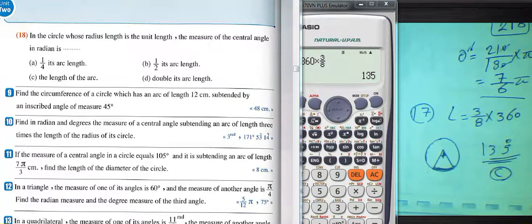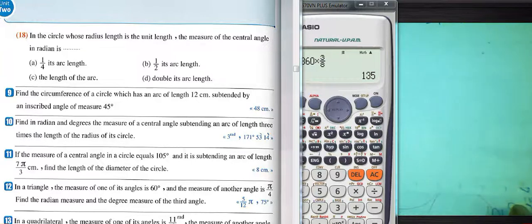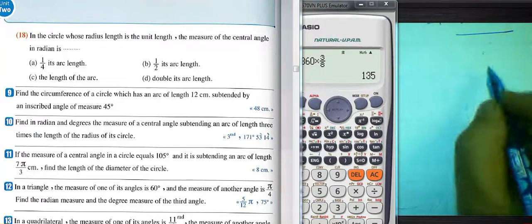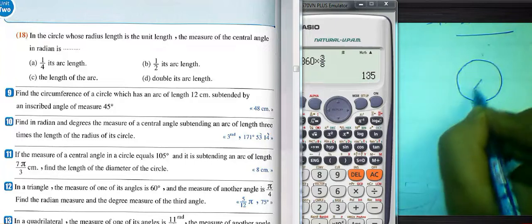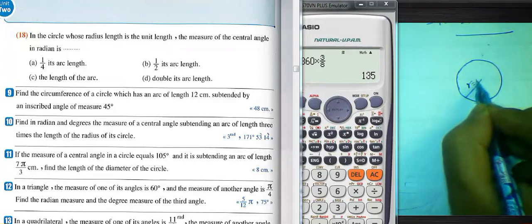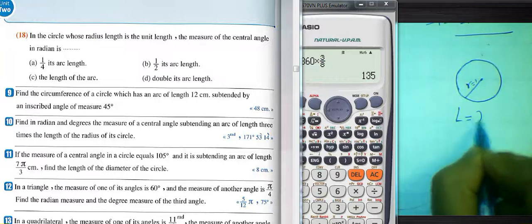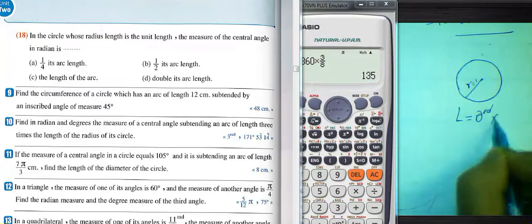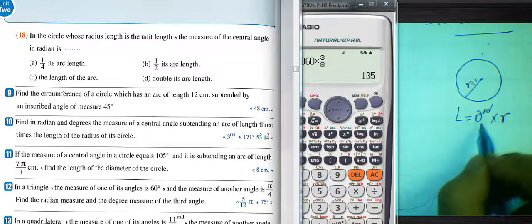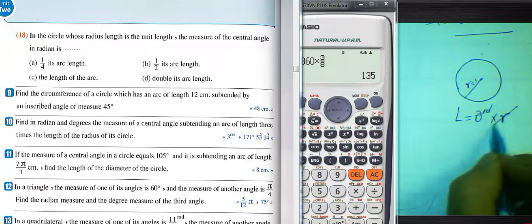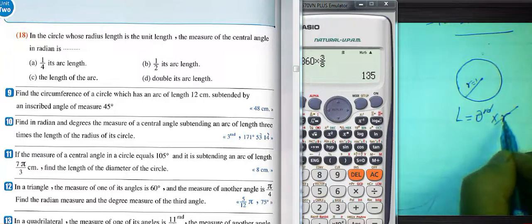Question number 18. For a circle whose radius length is the unit length, the measure of the central angle in radians is what? Look here. The radius equals 1 unit. We know L equals theta in radians multiplied by the radius. He gives us the radius equal to 1 unit. So we multiply 1 by theta in radians, which equals theta in radians.